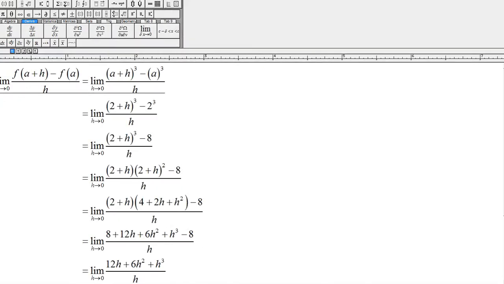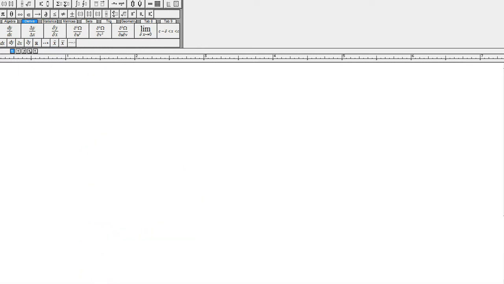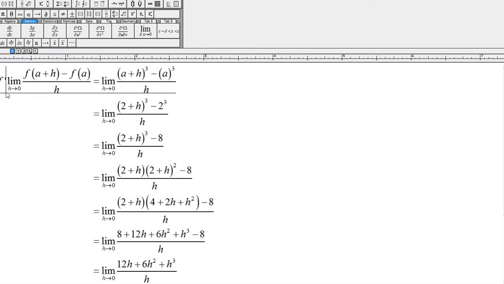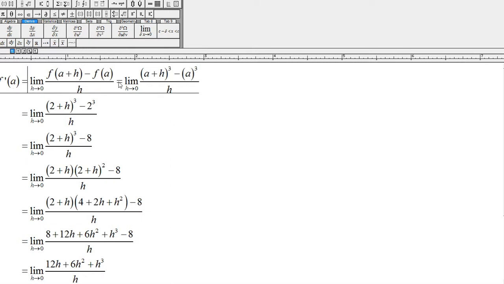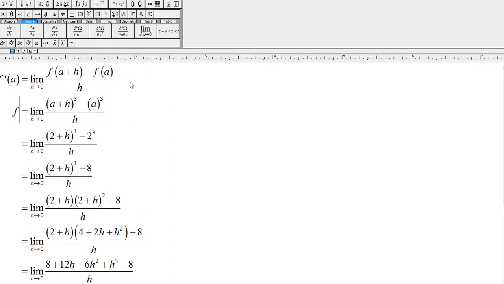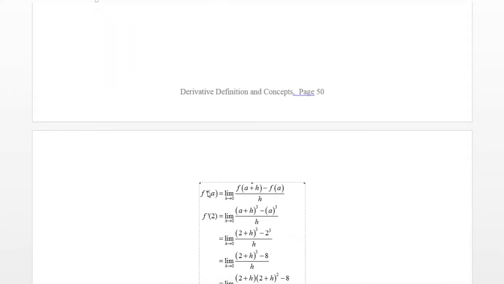That is f prime of a in general, right? So f prime of 2 is this.